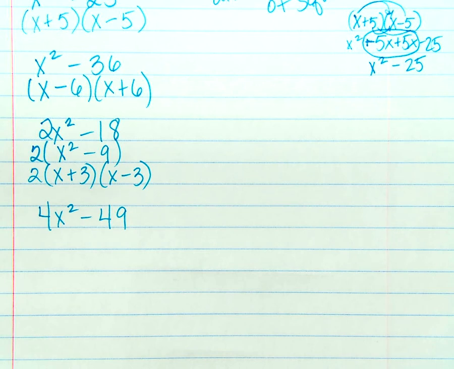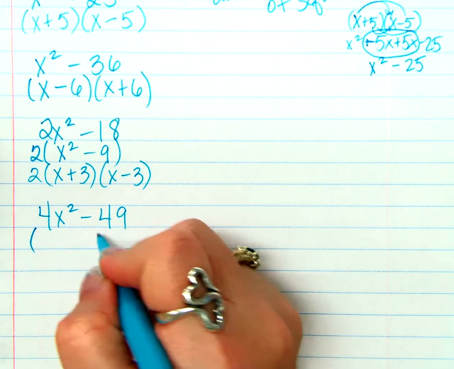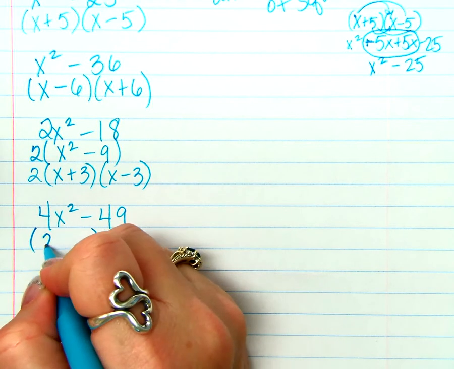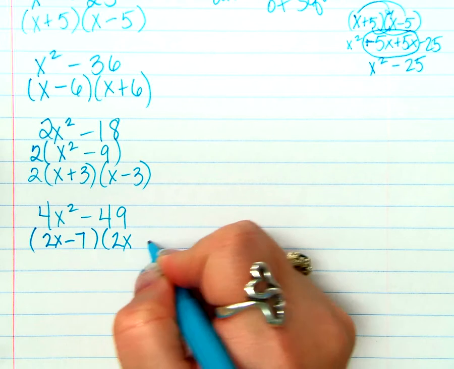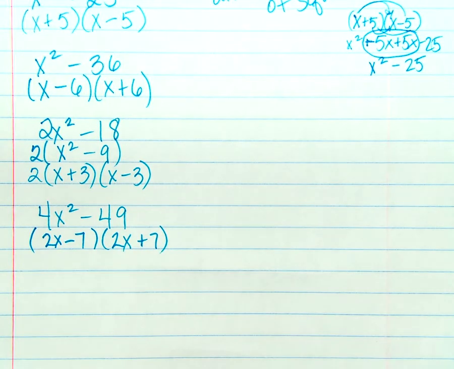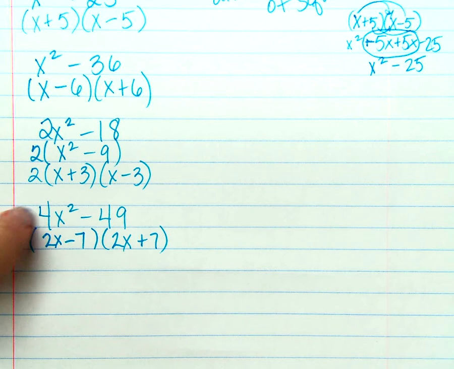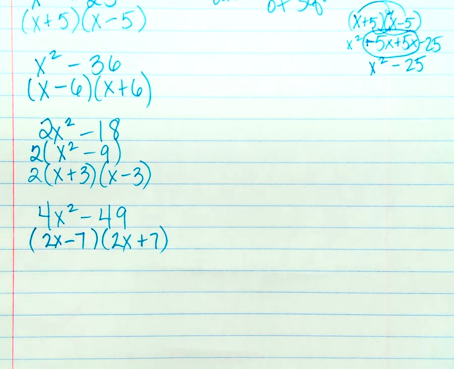What times what equals 4x squared? 2x, right? Is it the difference of squares? Yes, then what are my two binomials? 2x minus 7, 2x plus 7. Done. The difference here is, guys, there's no greatest common factor to start with. They're already both squared numbers, aren't they? Okay?